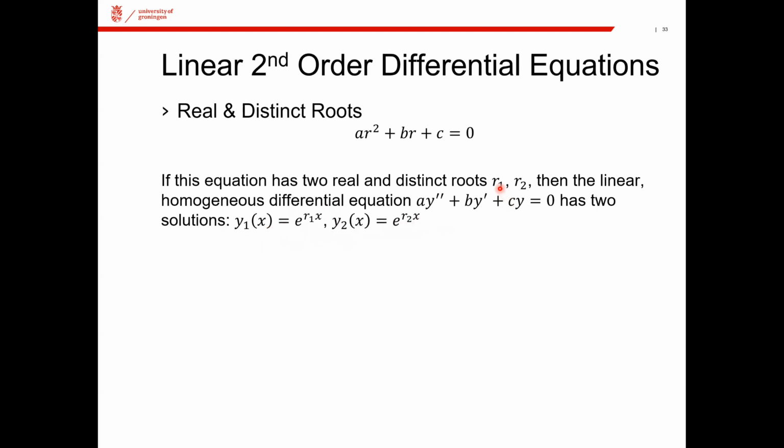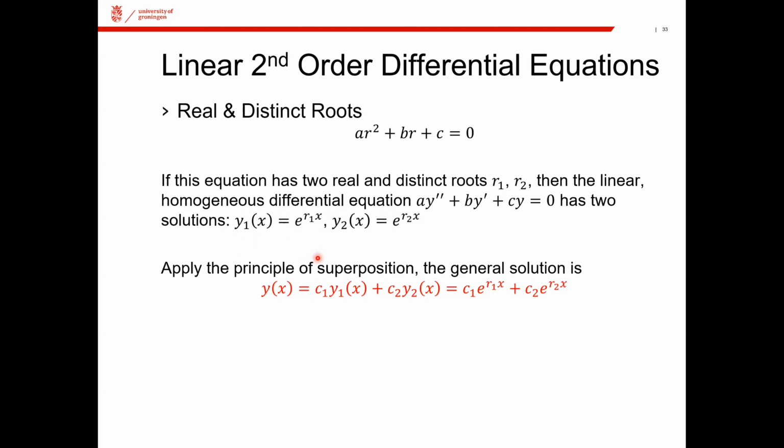So basically the roots are connected with the solutions to the differential equation. And we apply the principle of superposition. Then the general solution is C1 times y1 plus C2 times y2, and it will be C1 times e to the power of r1x plus C2 times e to the power of r2x, and C1, C2 here are constants.